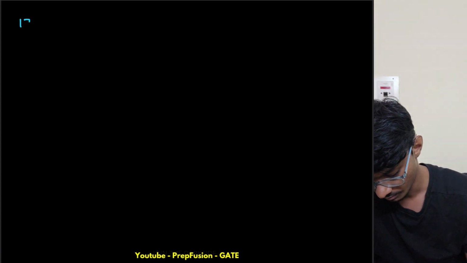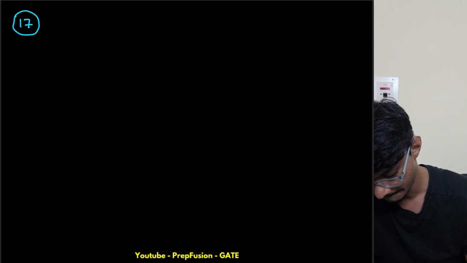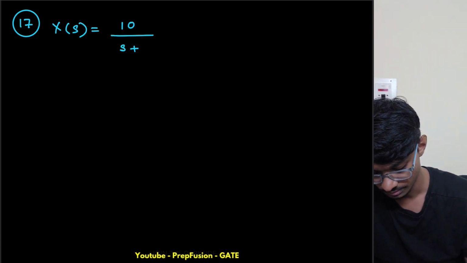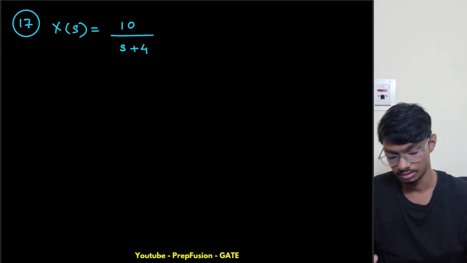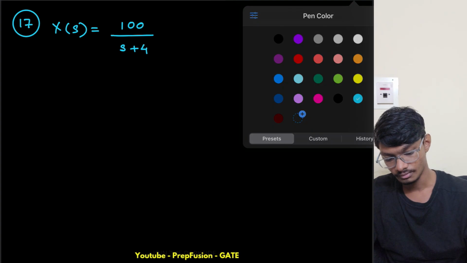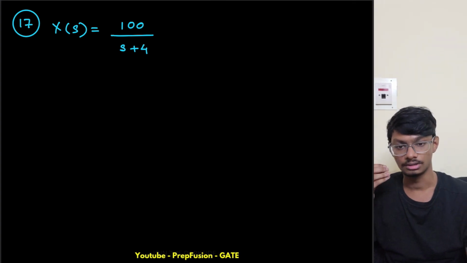I think this is the 17th question, I don't remember. So the 17th question, this is s plus 100 by s plus 4. What is this x of 0?